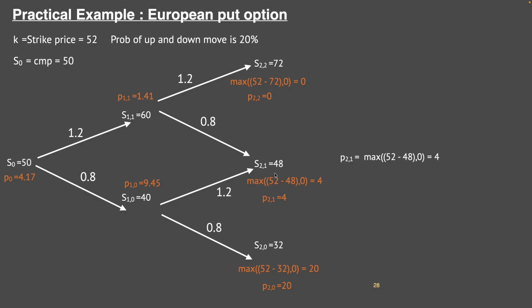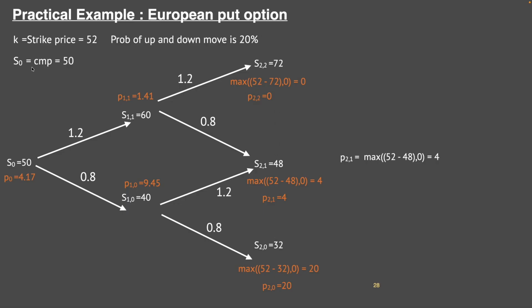So here the combining property has executed. We have moved down from 60 by 20%, it became 48, and we have moved up from 40 by 20%, it became 48. So this is the combining property. So at S21 we have a value of 48 of the underlying. S is the underlying value, right? Similarly, if we move down from 40 by 20%, the value will become S20, which is 32.